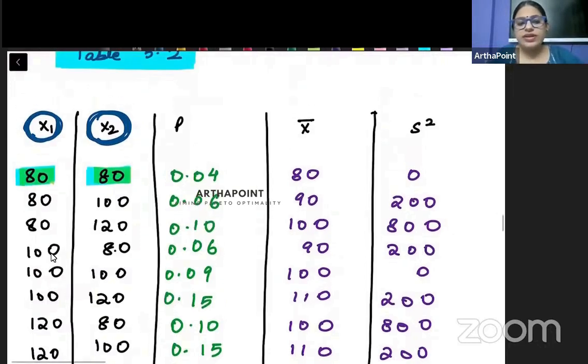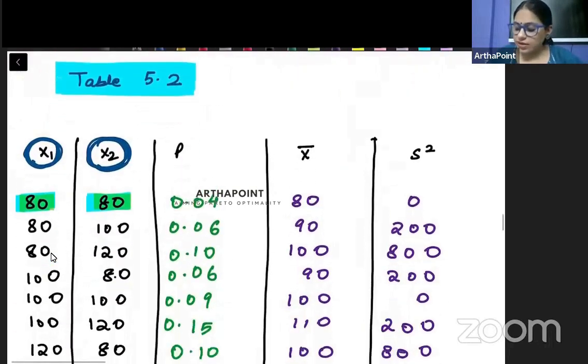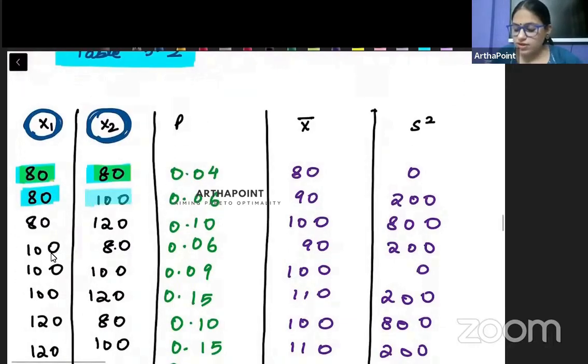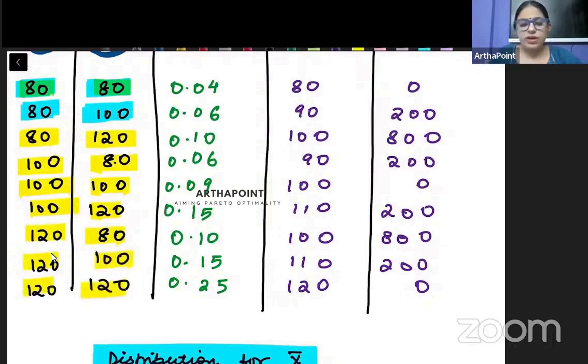Now if I tell you no, this is not the case, rather I am selling one 2 GB and one 4 GB, then it will be 80, 100. So I have written all possible cases here. Here we have taken all the possible cases: one 2 GB and one 4 GB, then 100, 80, 100, 100, 100, 120, 120, 80, 120, 100, 120, 120.